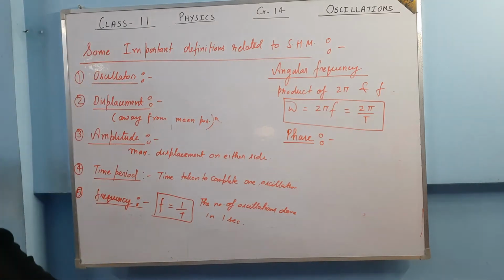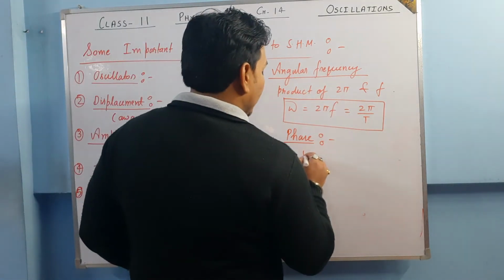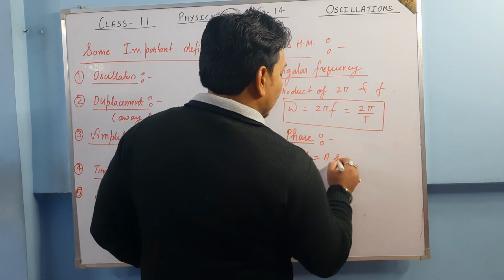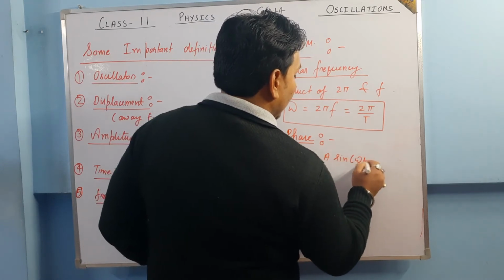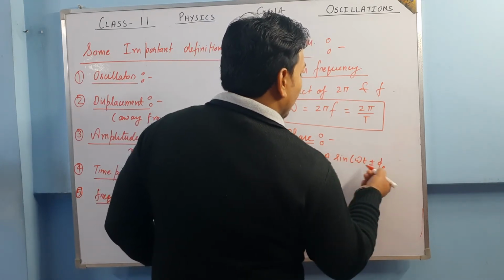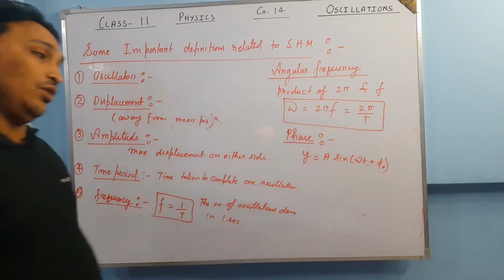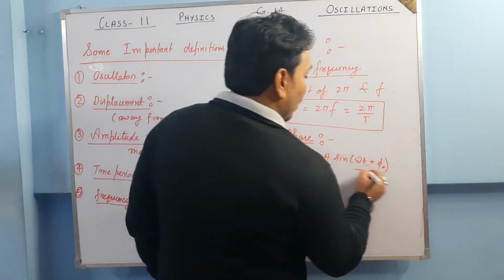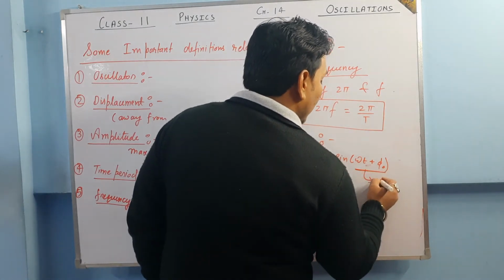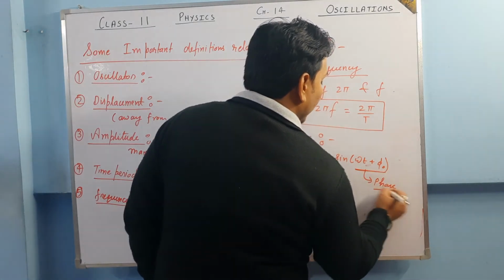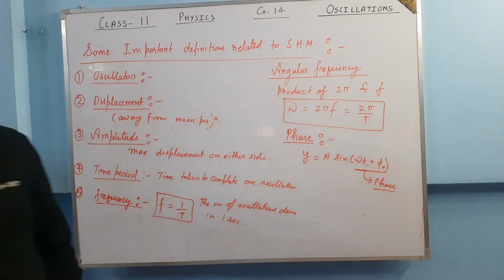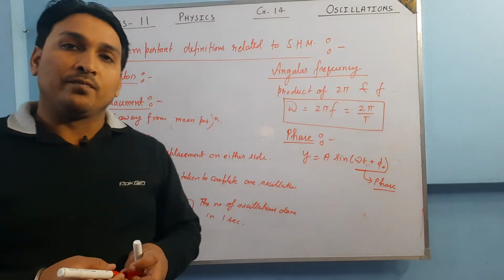Let me make it simple for you. If an SHM is represented by y is equal to a sine omega t plus minus phi naught, suppose it should be plus or it should be minus, suppose it is phi naught, then whatever is written in front of sine, this all is called phase. I am making it just simple for you.